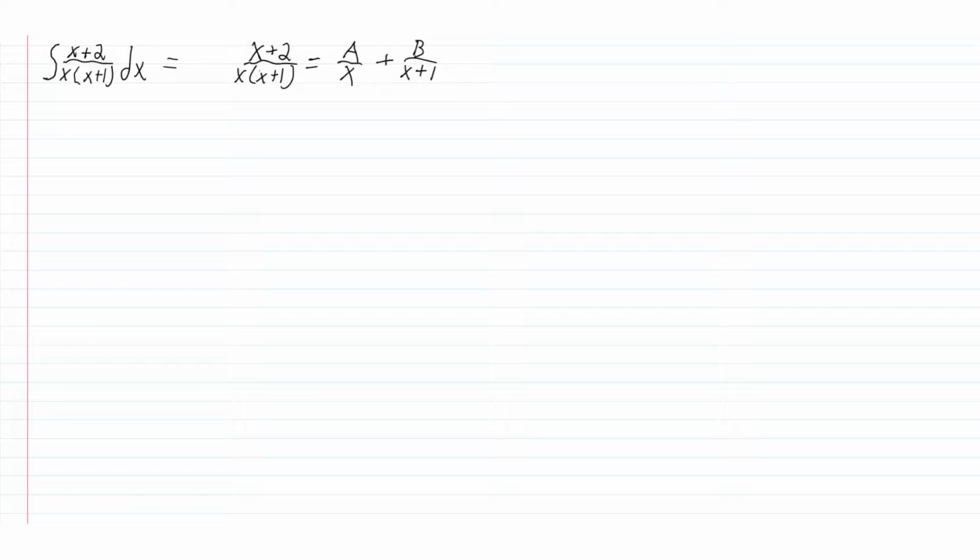And then to simplify this a little bit, we're going to multiply both sides of the problem by our denominator, so the x times x plus 1. When we do that, we're going to get just the numerator left on the left side.